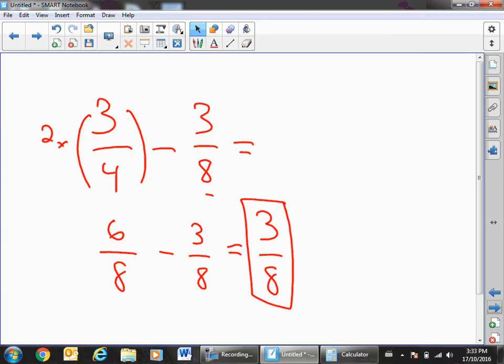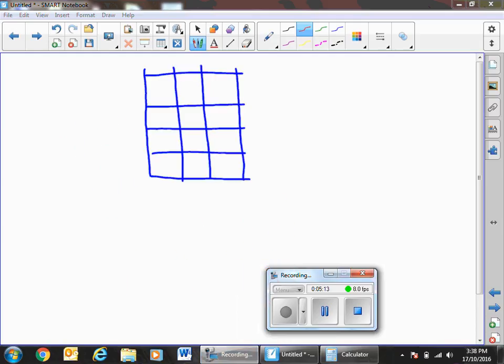All right, we'll take a look at one more here. On 3D it says part of a pizza was shared equally between two friends. Each friend got 5/12 of the whole pizza. How much pizza was shared? We know that both got 5/12.